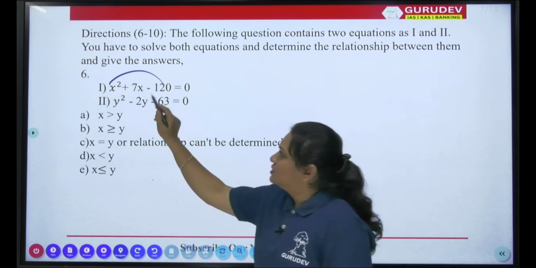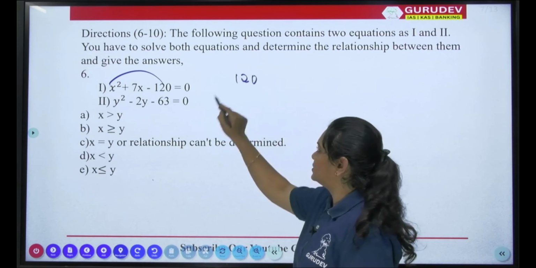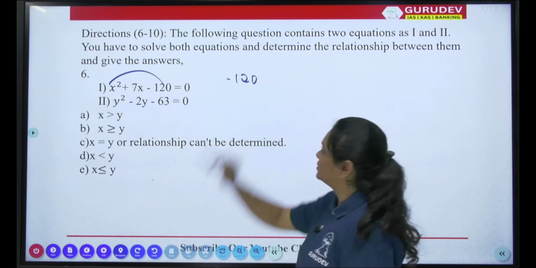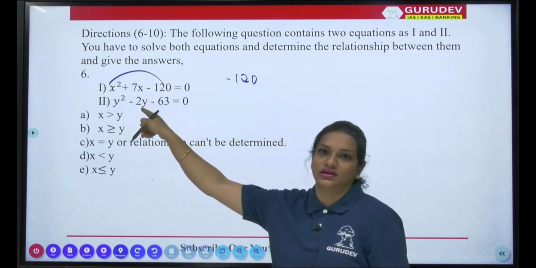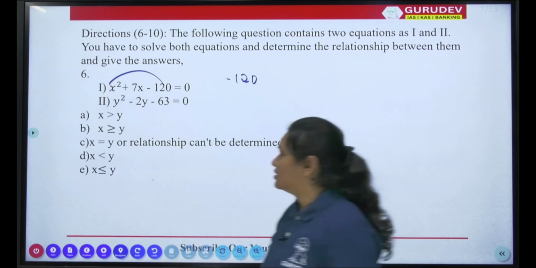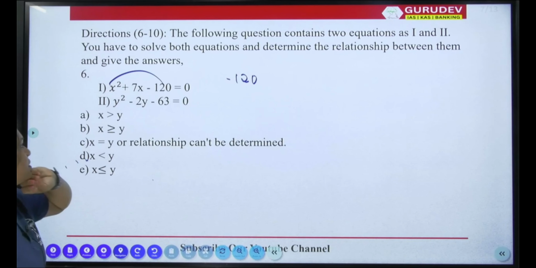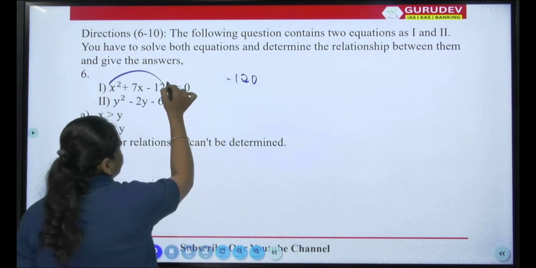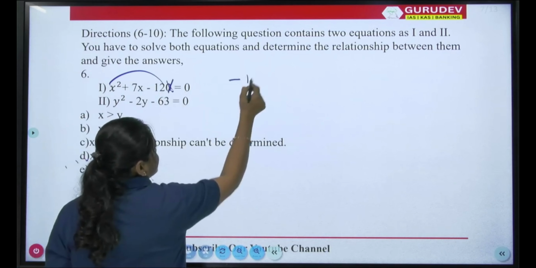So minus 120 is there. Take the factors of minus 120 in such a way that... See guys, it is not 120 here, it is minus 12.